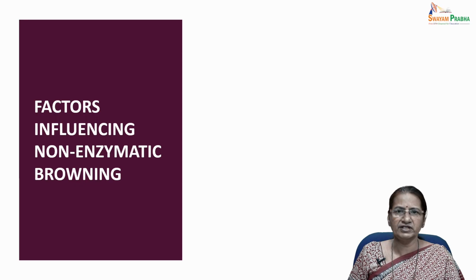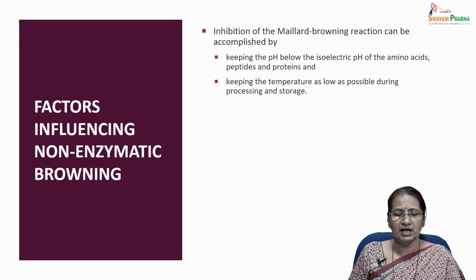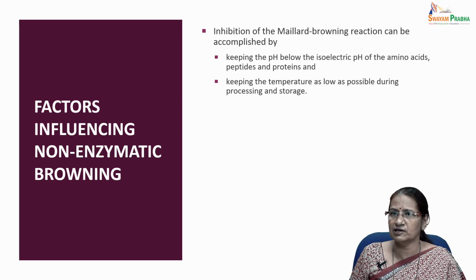Now, factors influencing non-enzymatic browning. Inhibition of Maillard browning reaction can be accomplished by keeping the pH below the isoelectric pH of amino acids, peptides and proteins, and keeping the temperature as low as possible during processing and storage.